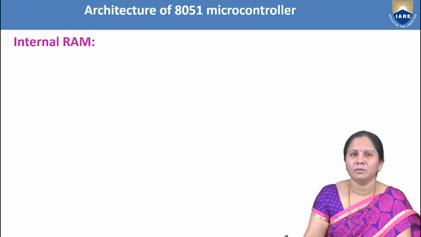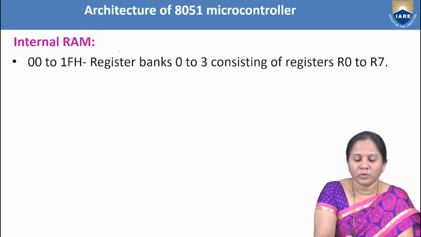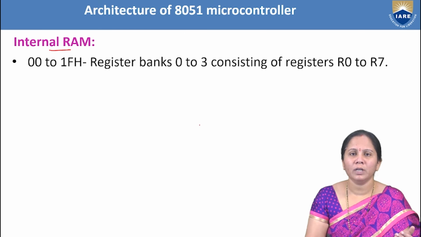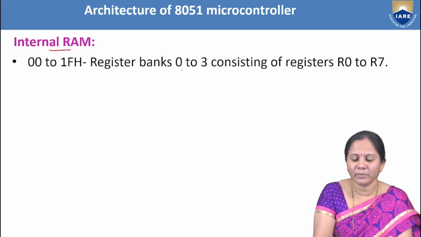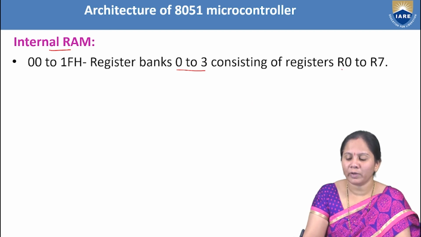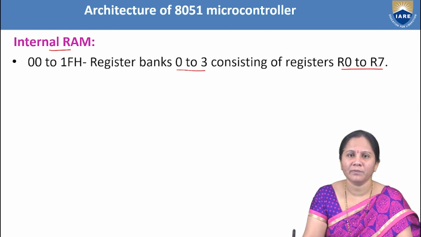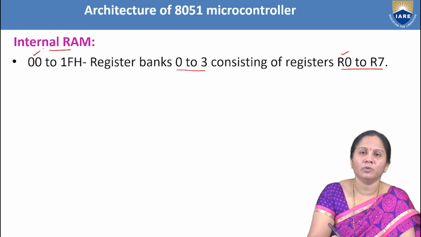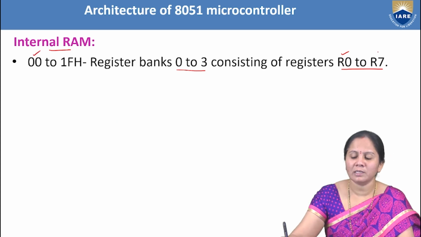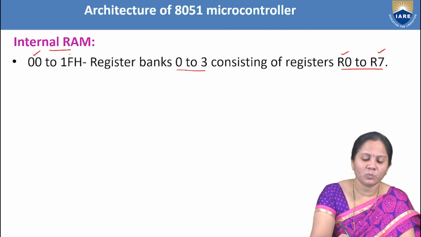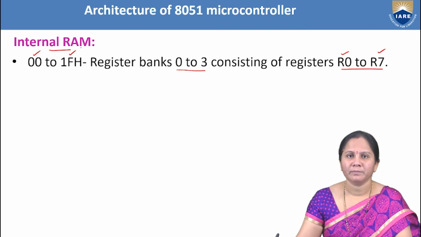Now, the internal RAM consists of 4 register banks, from bank 0 to bank 3. Each bank consists of 8 registers, R0 to R7. If you consider R0, its address will be 00, and if you consider R7 of bank 3, its maximum address will be 1F.